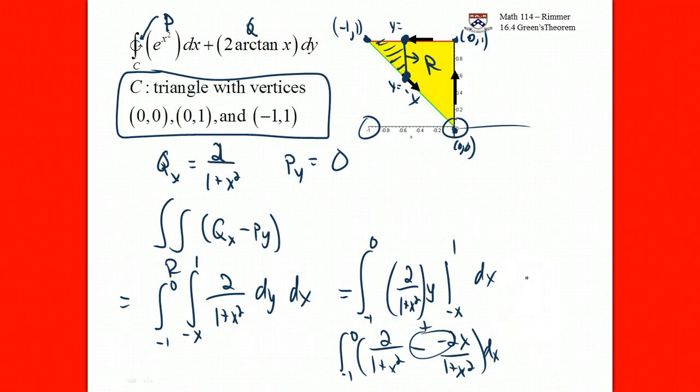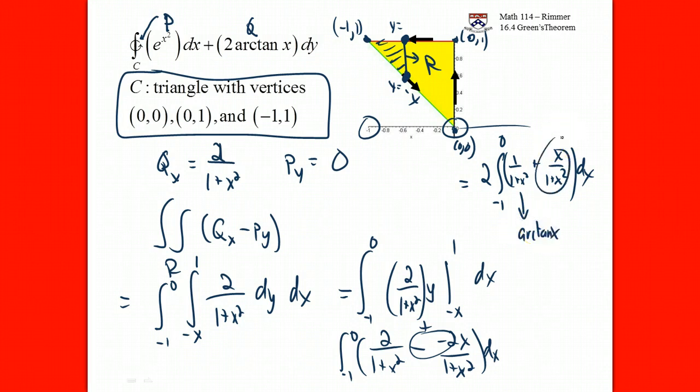Well, the antiderivative of the... Let's take the 2 out. Okay, it's 2, negative 1 to 0, 1 over 1 plus x squared plus x over 1 plus x squared. One guy is just the antiderivative of the one guy is just arctan. What about that? A u sub, and it ends up as a natural log.